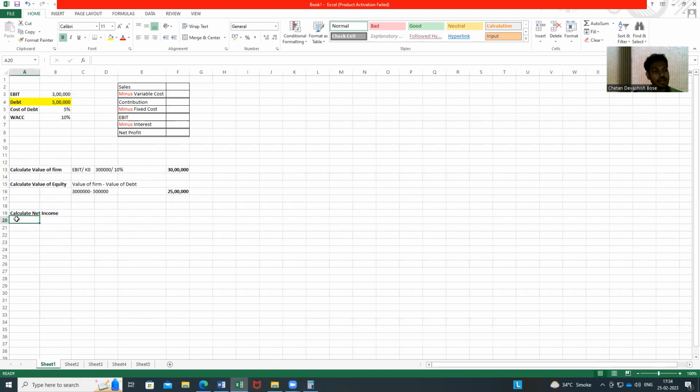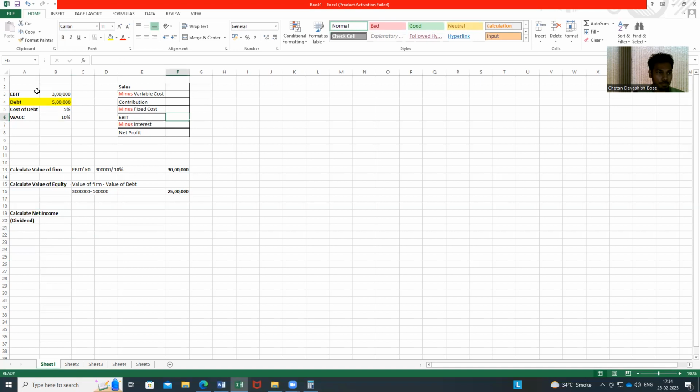Or else they may ask us, instead of calculating net income, का एक और नाम है dividend. They may ask us to calculate the amount given to shareholders as a dividend. What are we going to do then? Then we have to use the table here.